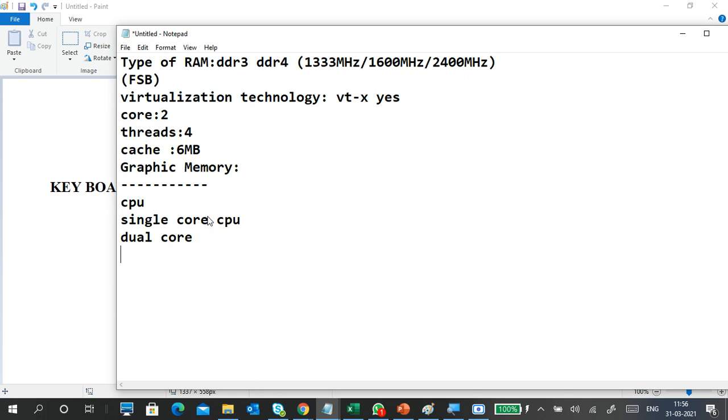Next is the multi-threading processor, meaning multi-core processors are also there. Multi-core processors like Core 2 Duo, maybe you have heard of this one, and octa-core, deca-core.